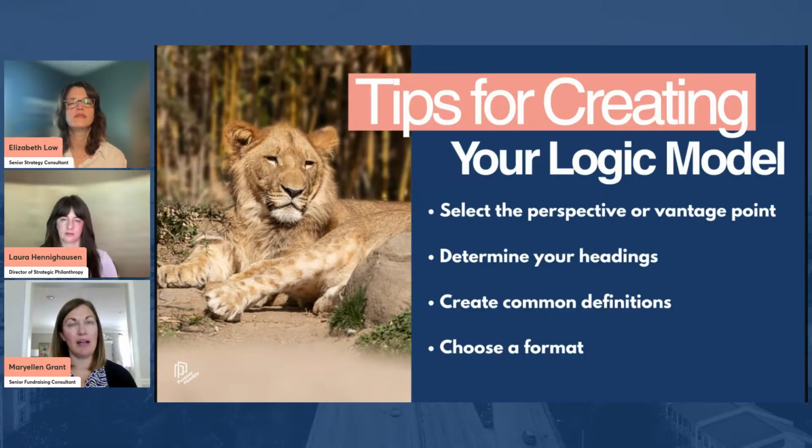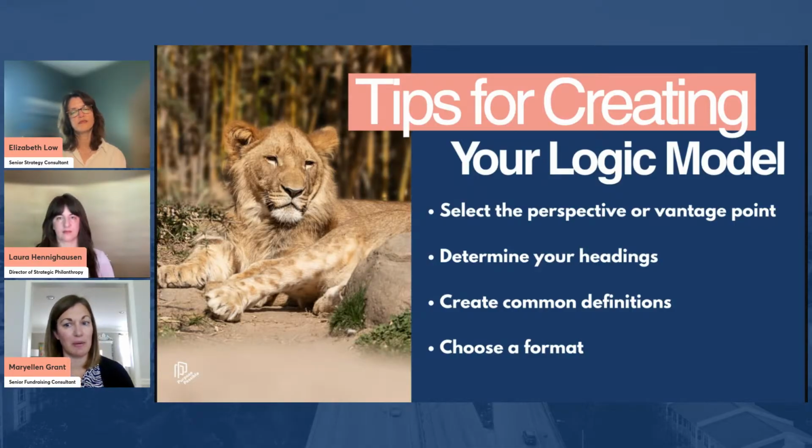And I like to use this vantage point to kind of differentiate from that mountaintop view so that, again, you're telling a consistent story from beginning to end. I'd say this user level perspective is really the least common for logic models. I sometimes think that maps or flowcharts can be better formats if you have flexibility here, but it's an important distinction as you're thinking through the story you want to tell.